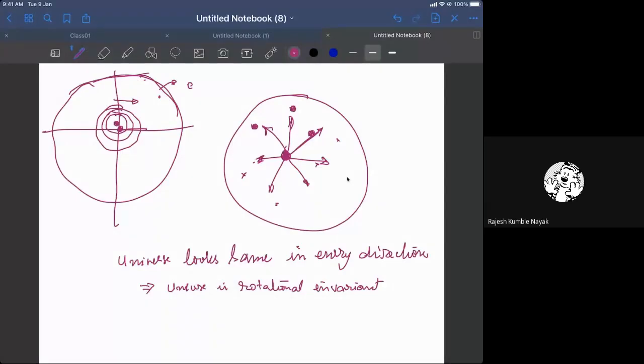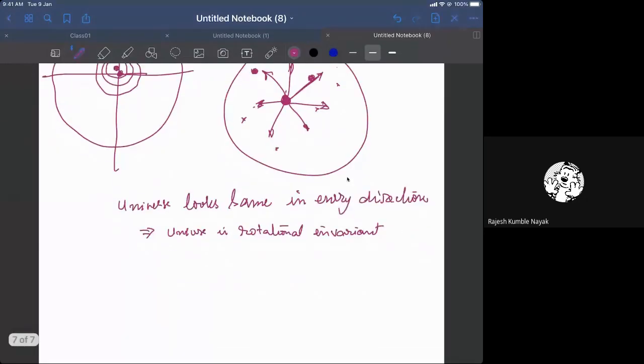That is what we call the first part of the Copernican principle: the universe is rotational invariant at every point.